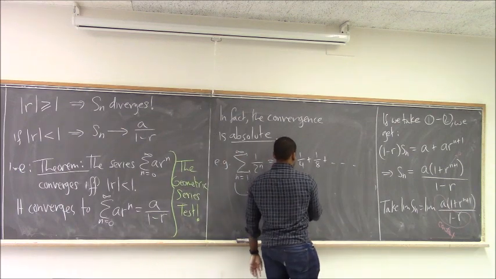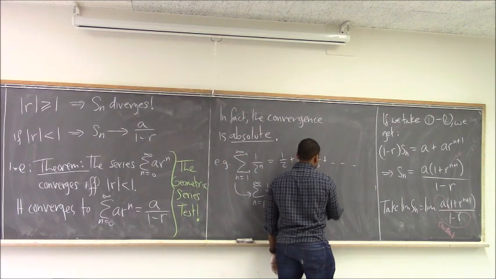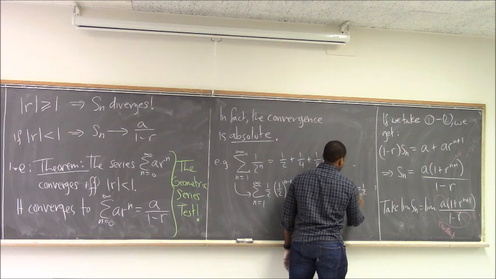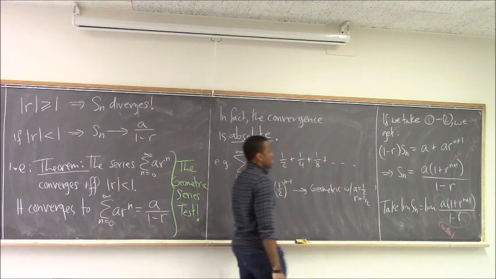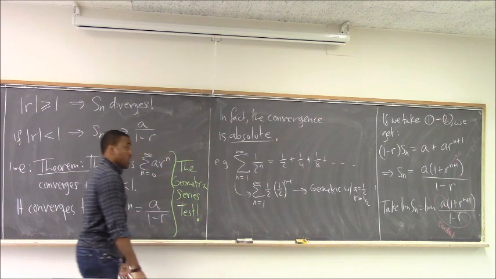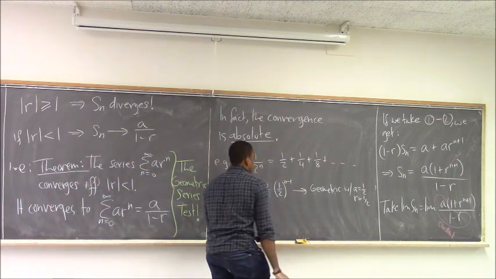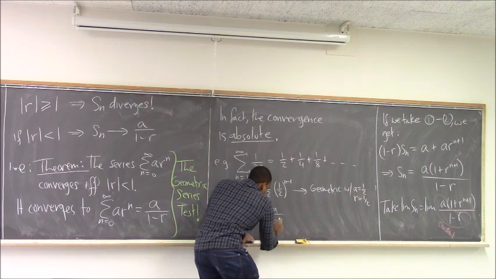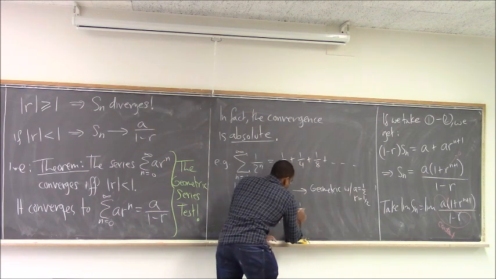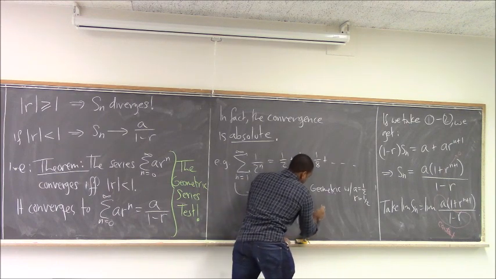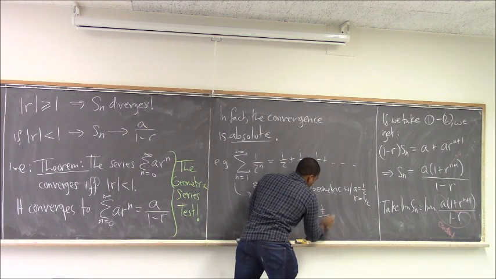This is geometric with A equals a half and R equals a half. And since your R is less than 1 in absolute value, we know that this converges to A over 1 minus R, which is a half over 1 minus a half, which is a half over a half.